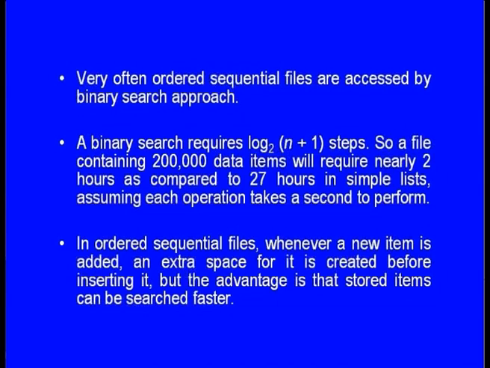In ordered sequential files, whenever a new item is added, an extra space for it is created before inserting it, but the advantage is that the stored item can be searched faster.